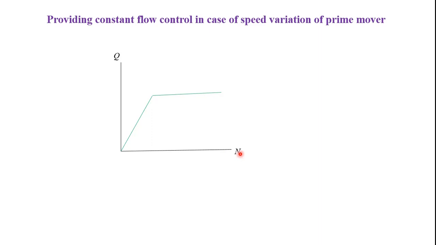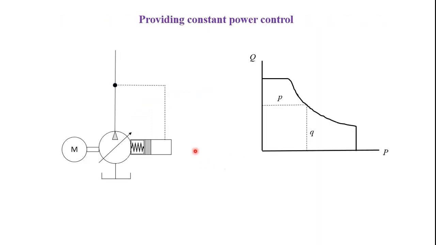Another important feature of this variable displacement pump is constant power control. We know that power is the product of pressure and flow rate. So, in a variable displacement pump, if the pressure increases, the cylinder extends against the spring force as shown in this figure, and this causes the swash plate angle to reduce, and hence the flow rate will also reduce.